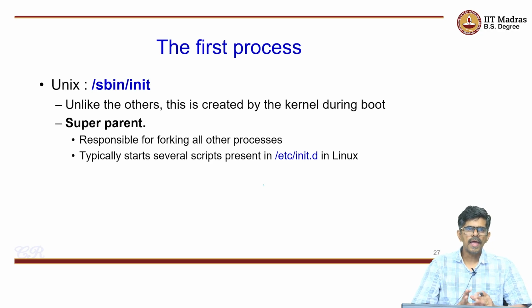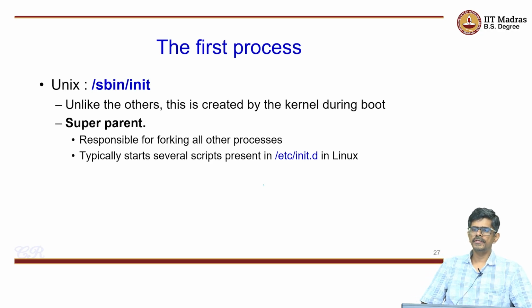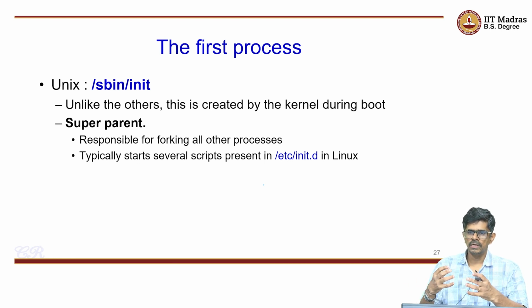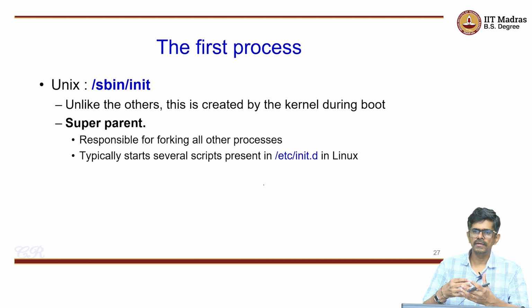So, every process that you ever run in your system is essentially created in this way. There is a fork which essentially clones a particular process, and then there is an exec which essentially loads a new program into the child process and executes it.